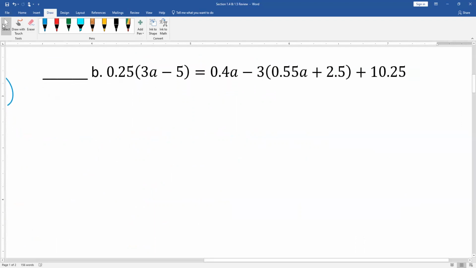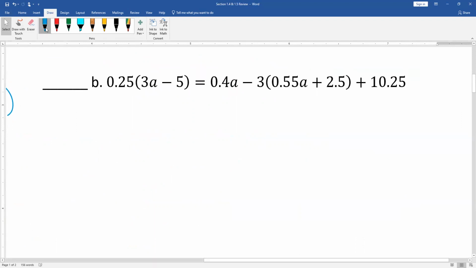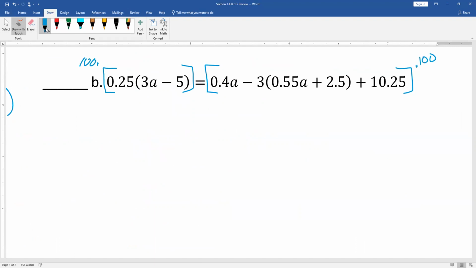All right, so in this case, we are getting rid of our decimals first. So we will multiply both sides times 100. Like I said in class, you are not multiplying anything inside the parentheses, only the coefficients on the outside. So these three get multiplied and then that 0.25 gets multiplied times 100.